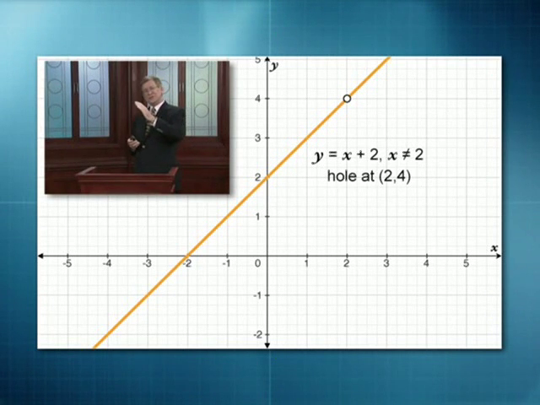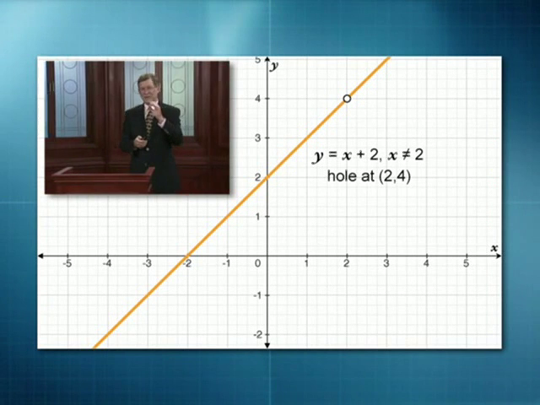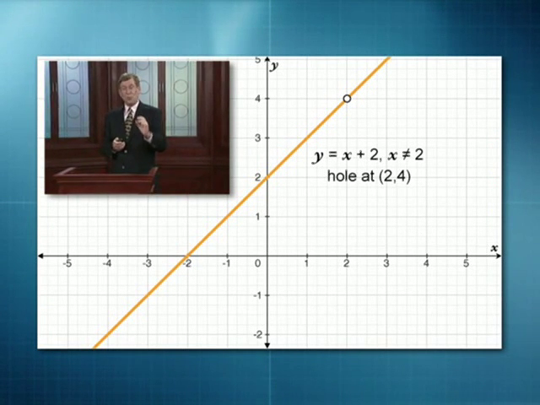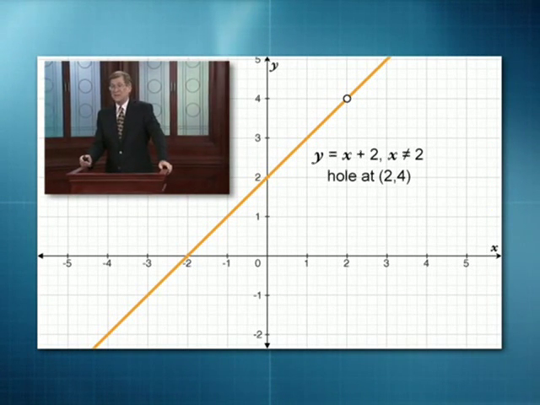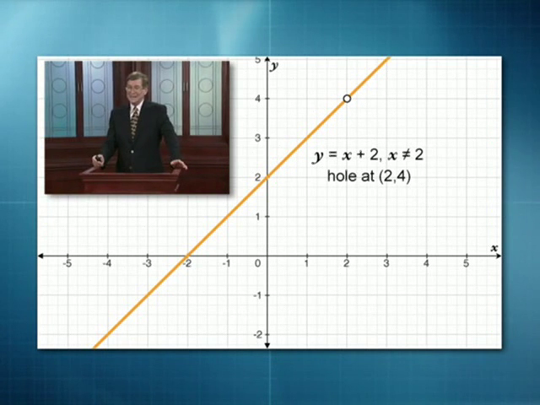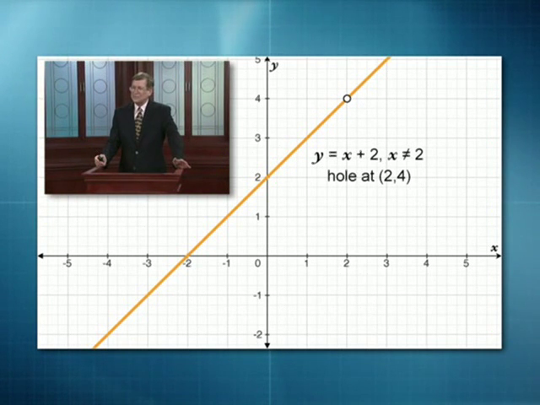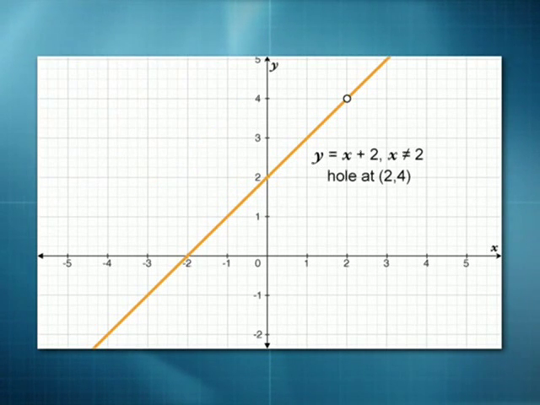This kind of function, where you have this cancellation and you get curves or lines with holes in them, occur quite a bit in calculus courses. In summary, this rational function doesn't have any vertical or horizontal asymptotes.